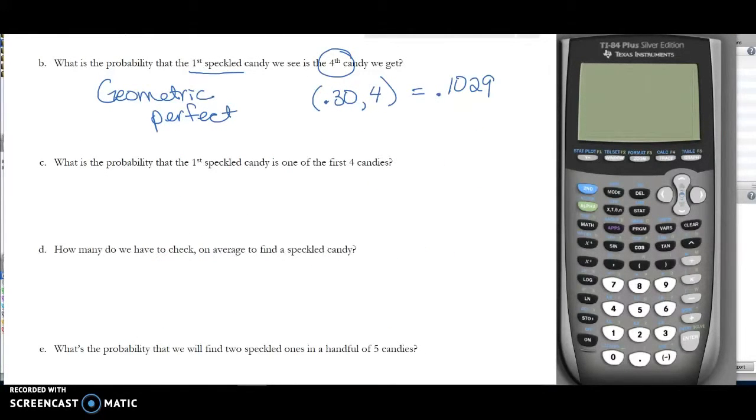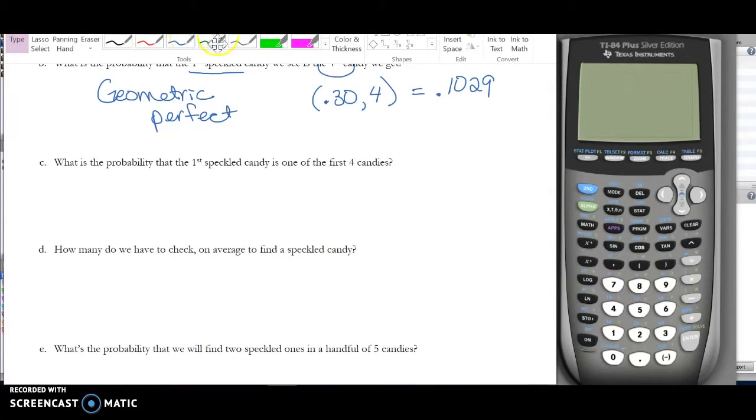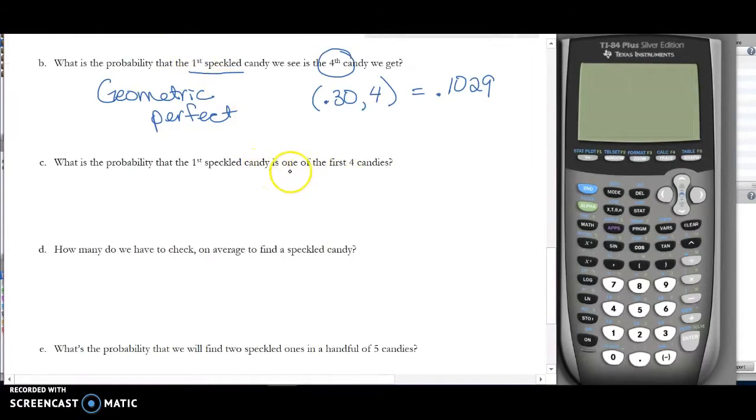Okay, so the next one says, what is the probability that the speckled candy is one of the first 4? It's still talking about the first time it appears, but this time it's saying one of the first four. So this is geometric and it's cumulative.